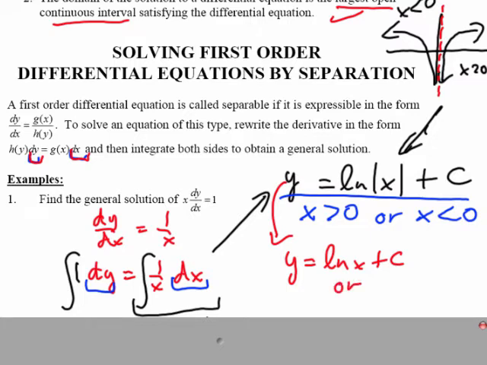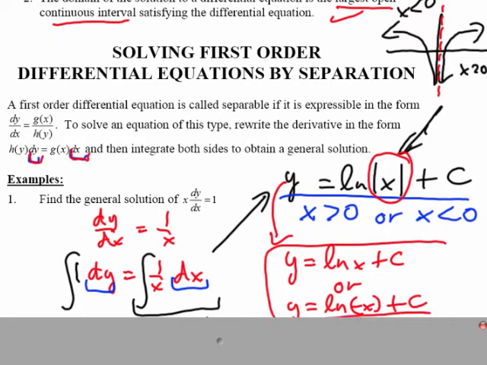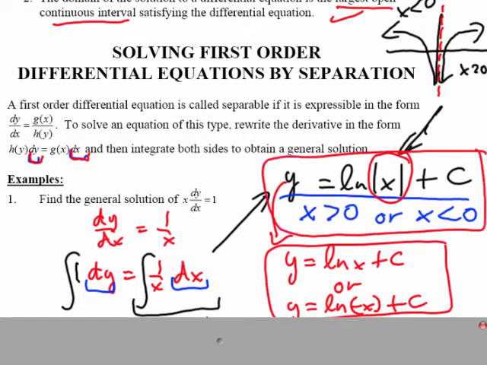Or I could say my solution is the left-hand side, replacing this with negative x. So my solution is either one of these two functions, or it's this piecewise function with one of these two restrictions. You can see why paying attention to the interval, the domain of the solution, is important. The domain must be on a continuous interval satisfying the differential equation.